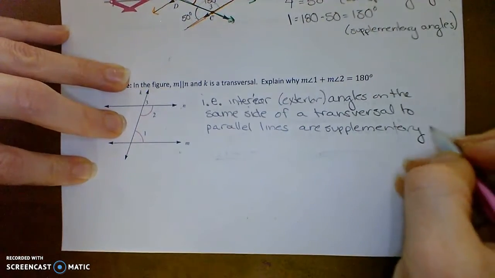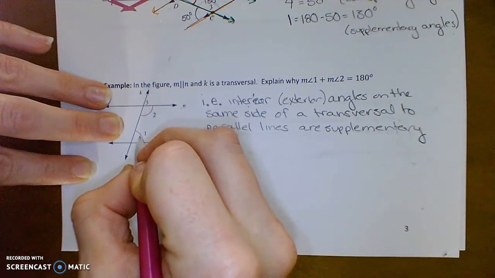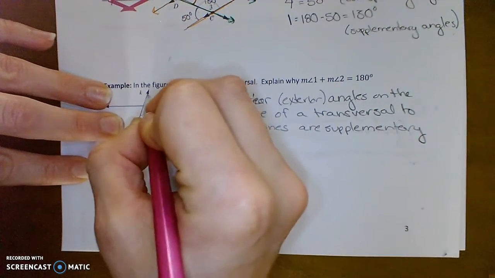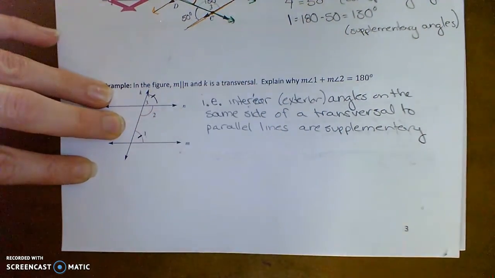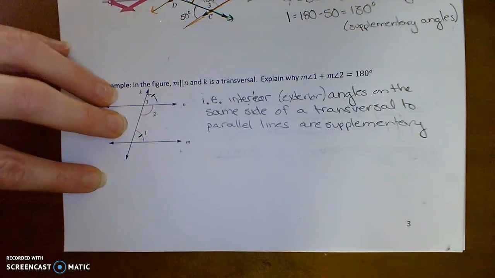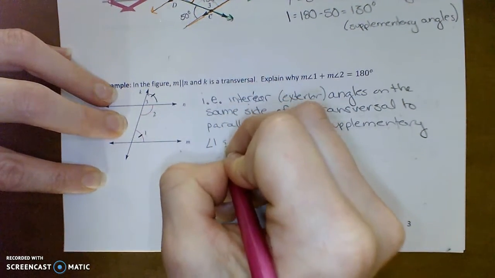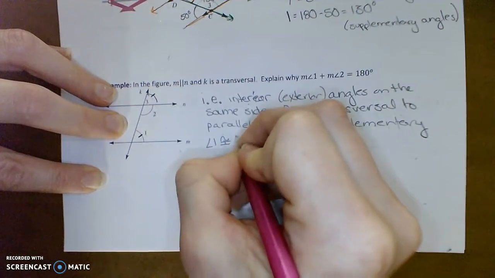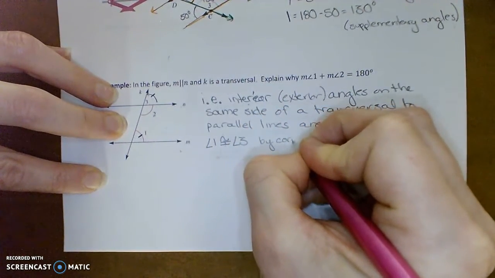All right, and here is how that goes. First, we know that angle 1 here and angle 3 are congruent because they are corresponding angles. So angle 1 is congruent to angle 3 by corresponding angles.